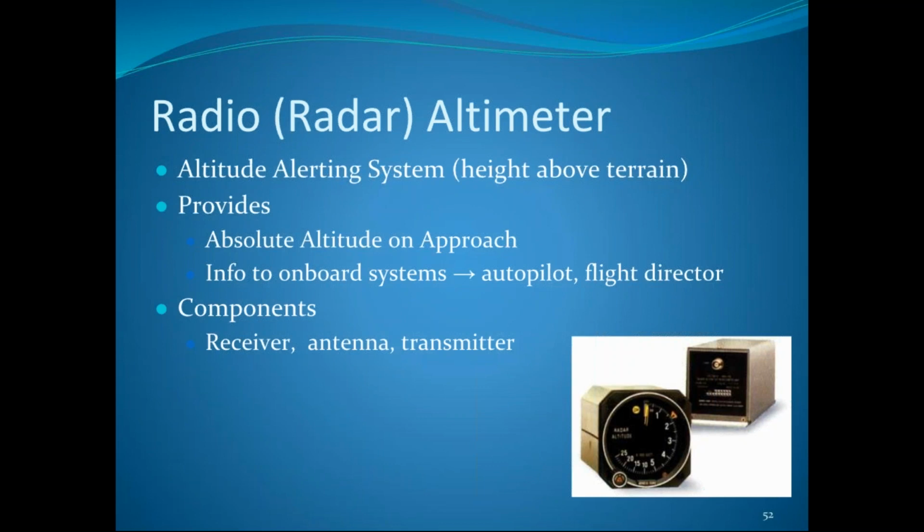We have a very special name for it in the military. You'll hear the box just start saying, terrain, terrain, pull up, terrain, terrain, pull up. That's the altitude alerting system. So it provides absolute altitude on approach, and then it gives info to onboard systems: the autopilot, flight director, autoland system, etc. The components consist of a receiver, antenna, and transmitter, just like everything else on the airplane.